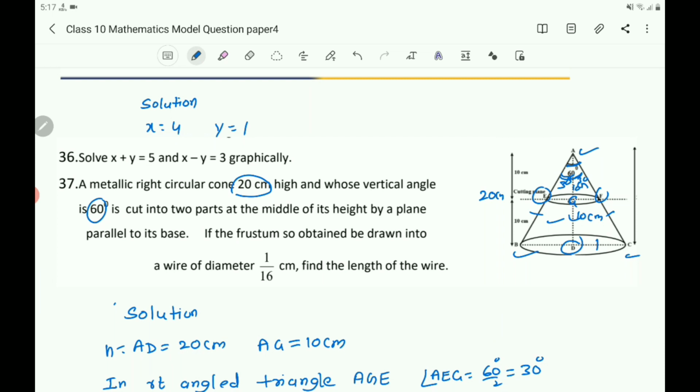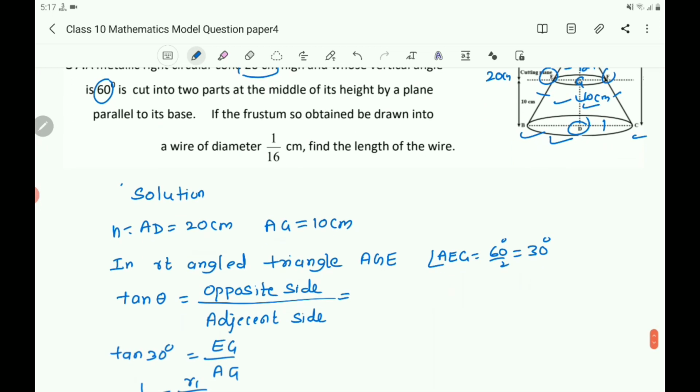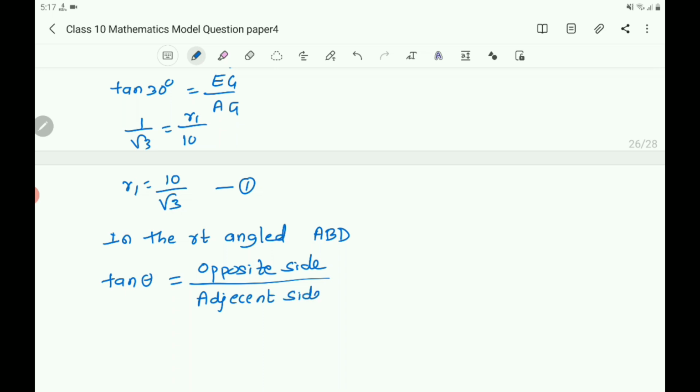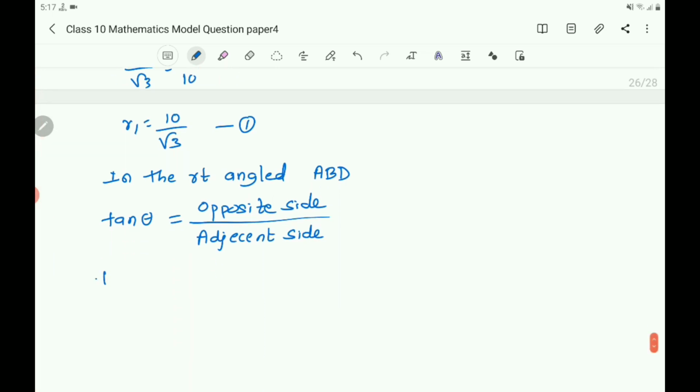Tan theta is equal to opposite side by adjacent side, that is BD by AD. Tan theta is tan 30 degree.